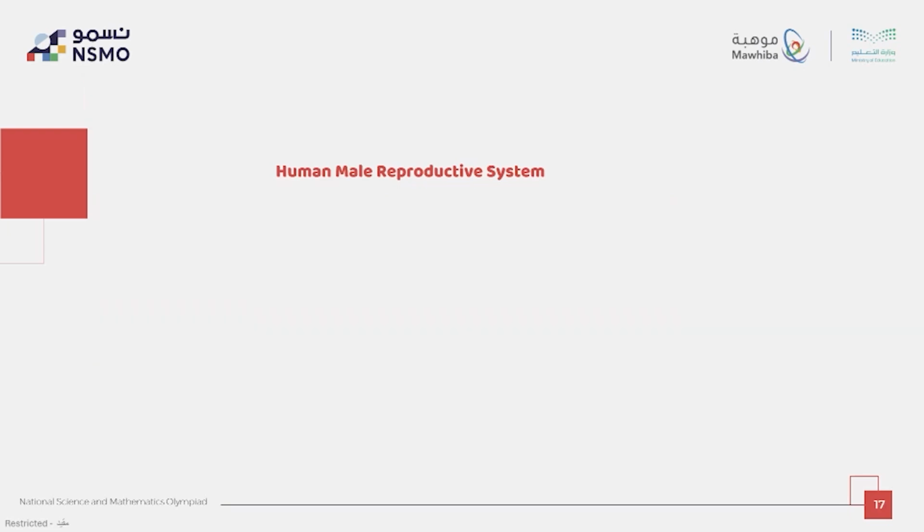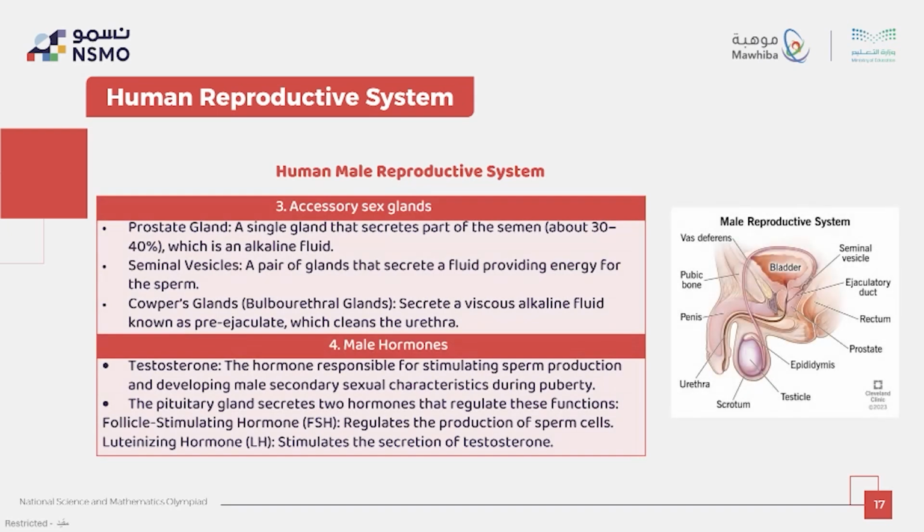Let's keep going with accessory sex glands. So, the prostate gland secretes an alkaline part of semen that protects sperm in the acidic environment of the vagina. Okay, the other one, seminal vesicles.